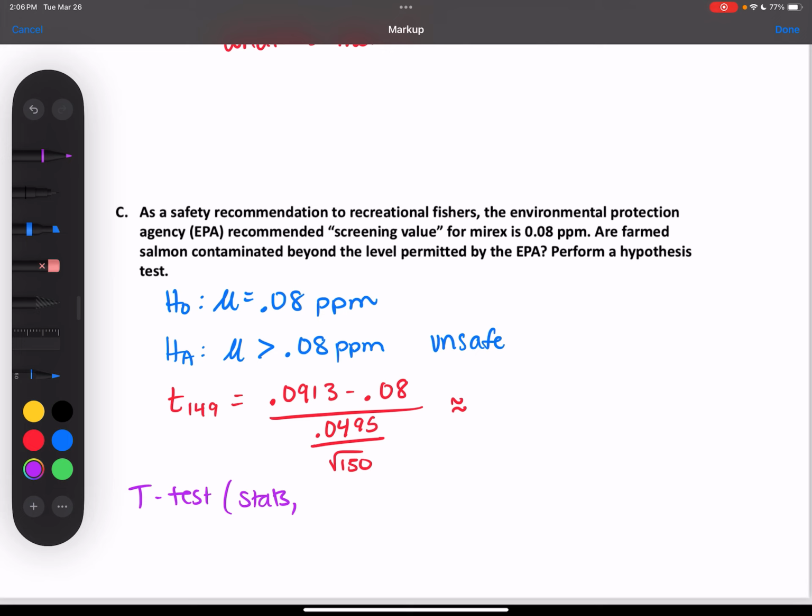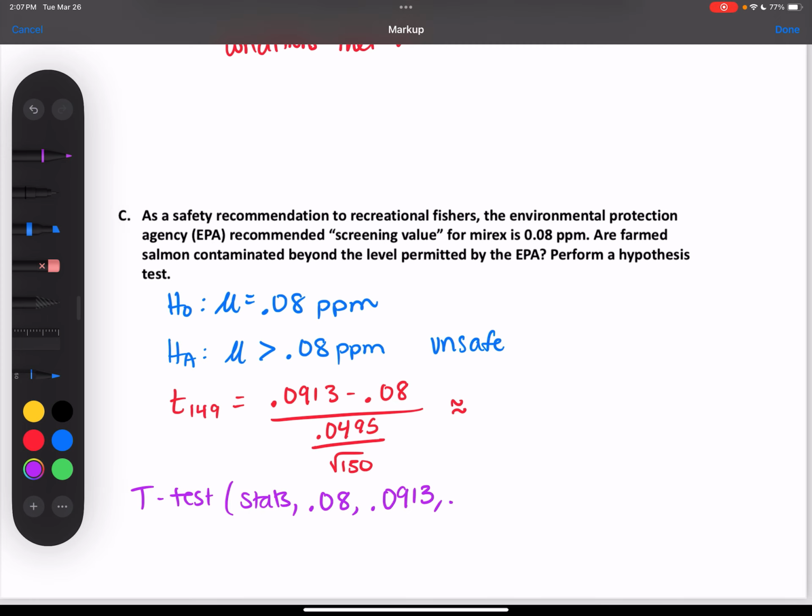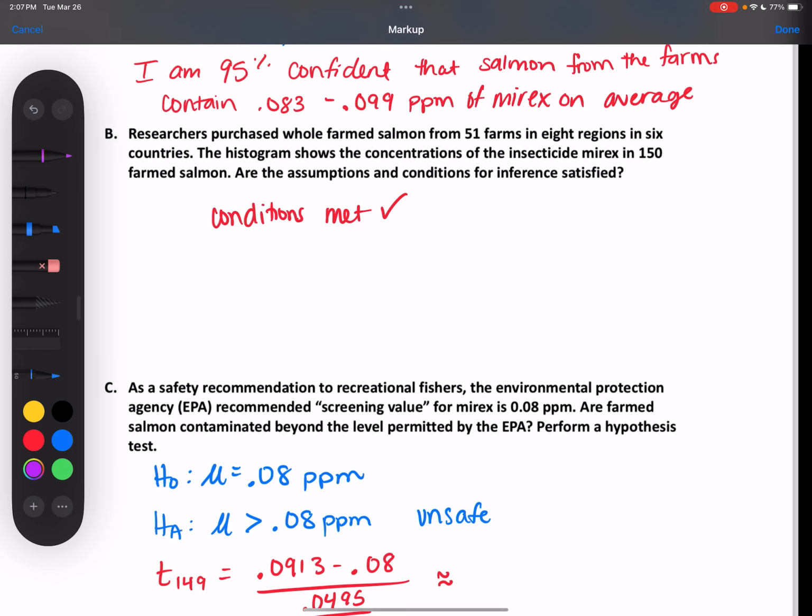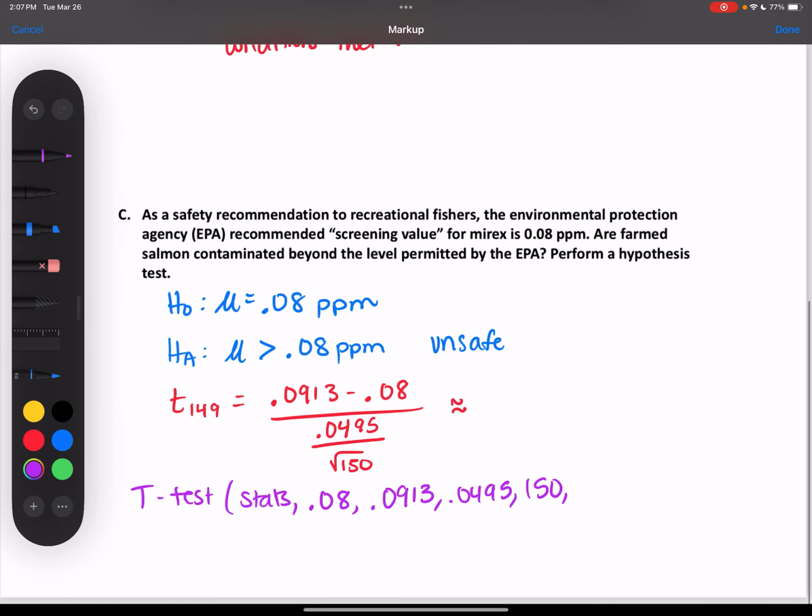Then 0.08, x bar is 0.0913, S sub x is 0.0495, N is 150. And we're looking at greater than.